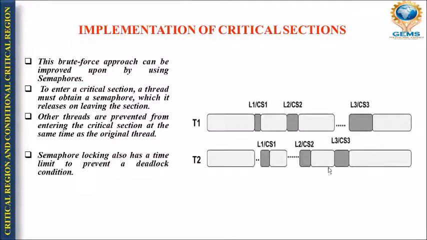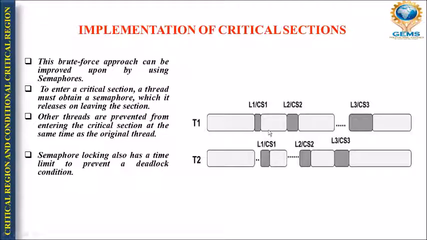Here we have 2 tasks, T1 and T2, and these 2 tasks are associated with L1. L1 is lock 1 and CS1 is critical section 1. Similarly, this is lock 2 and CS2. This is lock 3 and CS3. So what you get from this diagram is that at the time of locking CS1, T2 has to wait for T1, right?